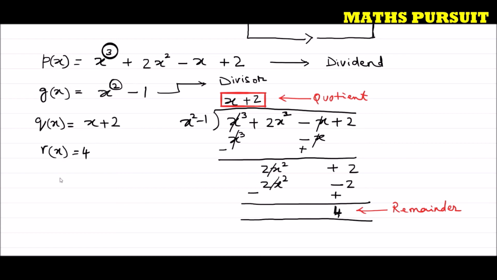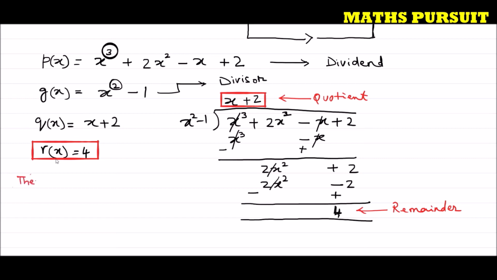Now our second condition is satisfied. How is it satisfied? Let us look here. The second condition says that the degree of r(x) should be 0, and you could see that guys, here the degree of r(x) is 0 because we are not having any x at all. Therefore the second condition is fulfilled.